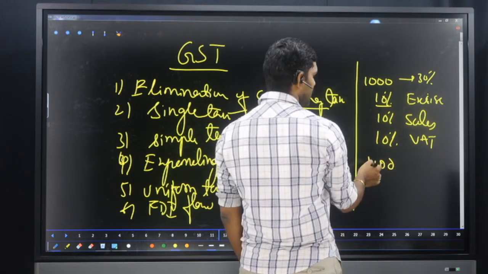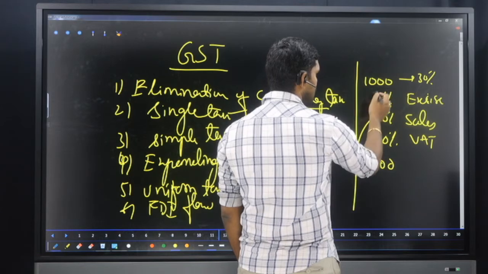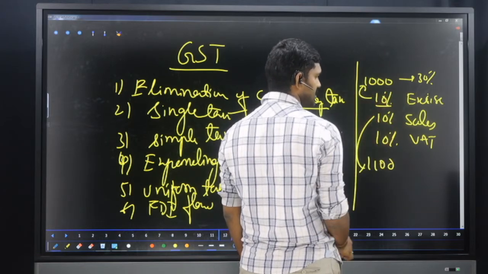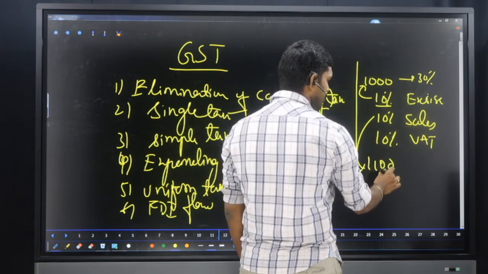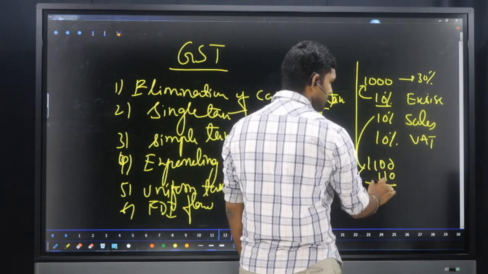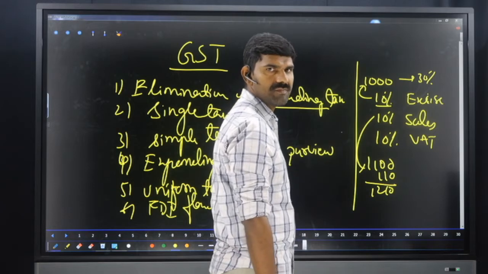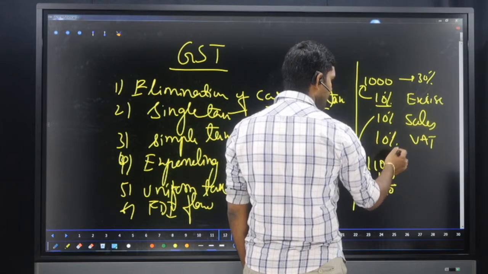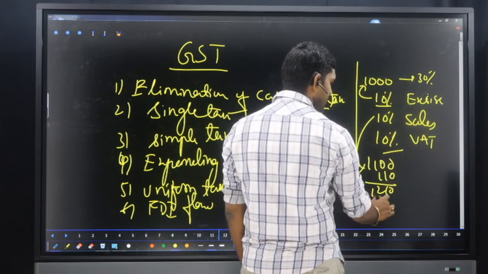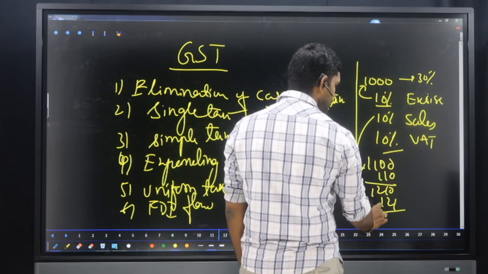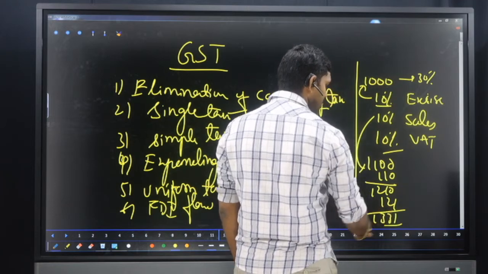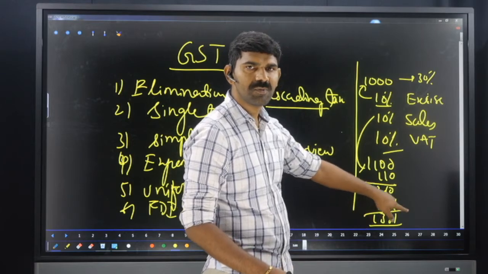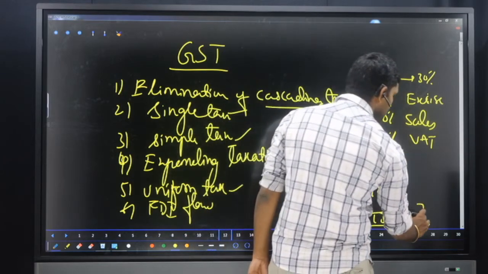Now on this 1100, you impose another 10%, which is a tax of 110 rupees, making 1210. Again put 10% on this, 121 is added, which means 1331. So the value of the item is 1000 rupees, and 331 rupees is the tax you are paying.